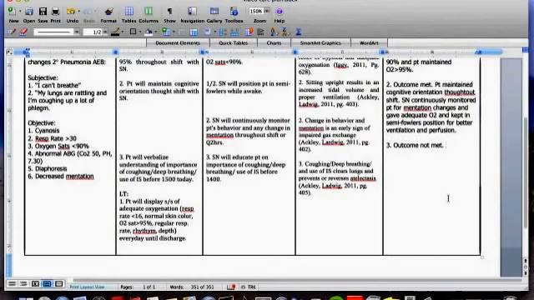So outcome not met because, well, student nurse educated patient on importance of coughing, deep breathing, and IS, but patient was not ready to participate in learning due to fatigue.